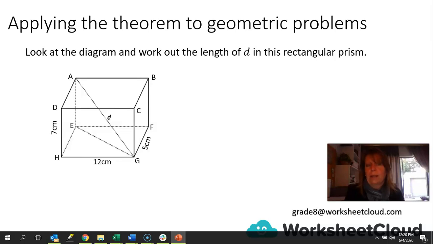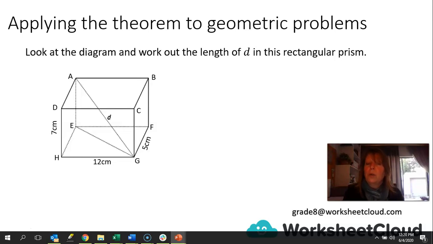So if we look at this rectangular prism, we can see that we know nothing about D, other than that AE is the same as DH. That's just the one side. But we also do know, because it's a rectangular prism, AE meets EH and EF at a right angle.